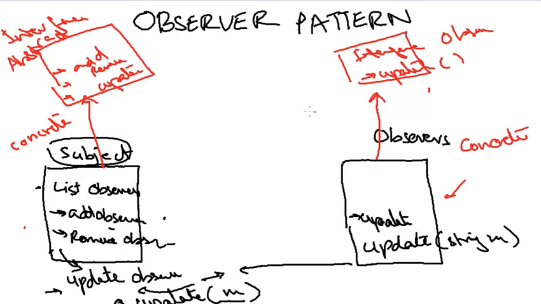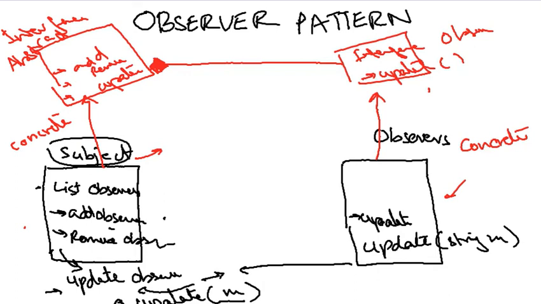And of course, there is a link between the observer interface and the interface or abstract class of the subject, because the subject maintains the state of the observers.